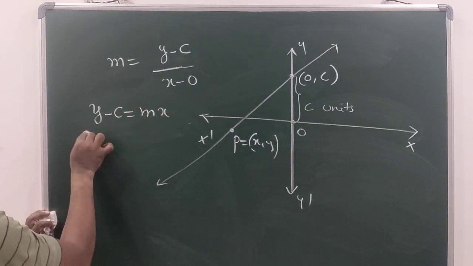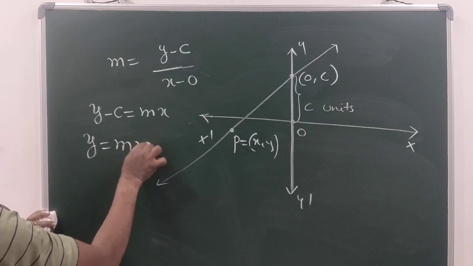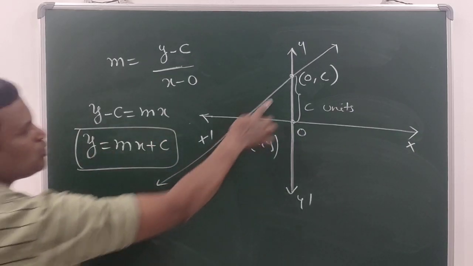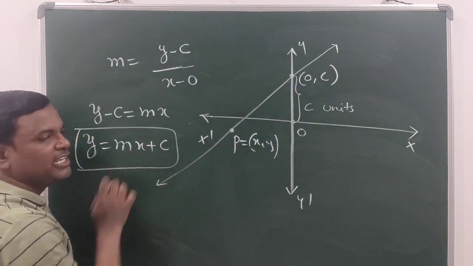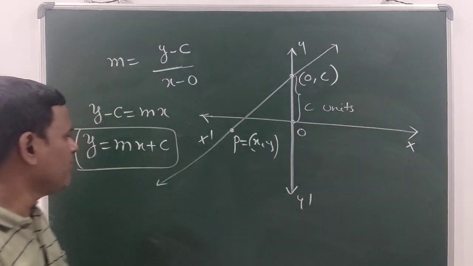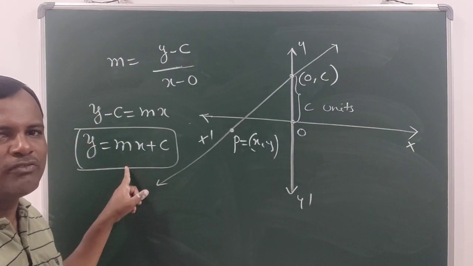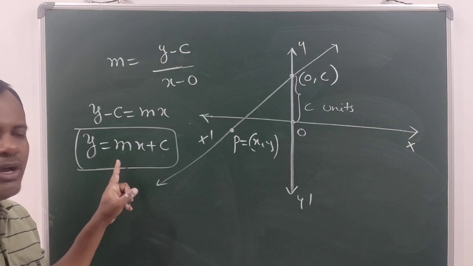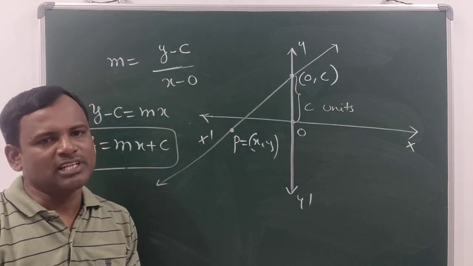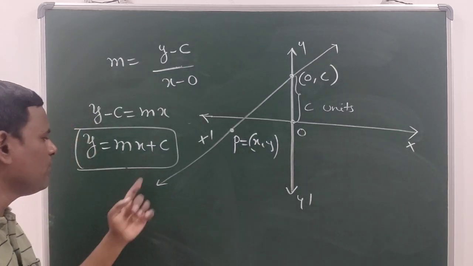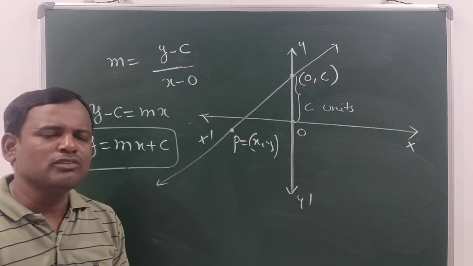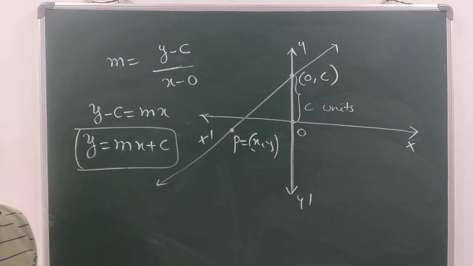When you transfer c to the right side, y equal to mx plus c, where m is slope of this straight line and c is y-intercept made by this line. When y-intercept is given and slope of the line is given, in such case you have to use this formula to determine equation of this line. So we call this slope and intercept form or slope and y-intercept form of a line equation.